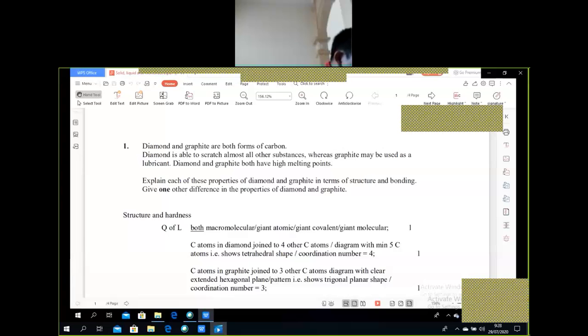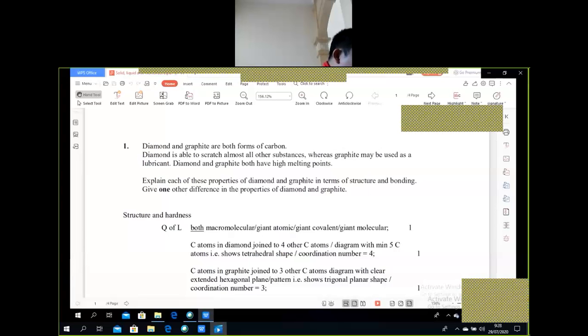How come the coordination number is 4? Because around carbon there are another 4 carbon atoms. And then in graphite, one carbon is bonded to other 3 carbon atoms, with only 3 bond pairs and half a lone pair.